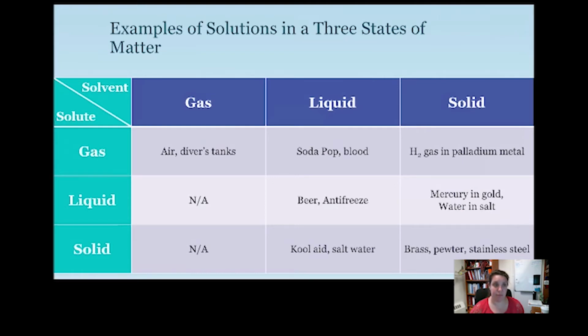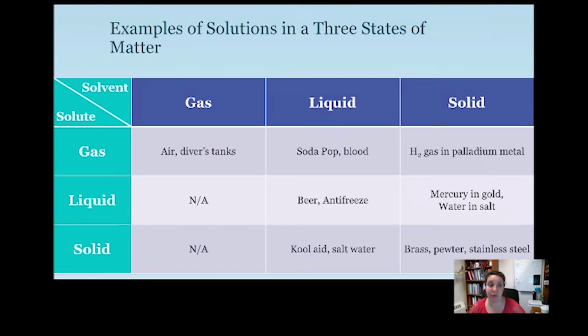With a gas as a solvent, it can only be a solvent if we have a gas solute, and that's the only one where we have kind of restrictions. But air, the air we breathe, is considered a solution where we've got different types of gases dissolved in nitrogen.